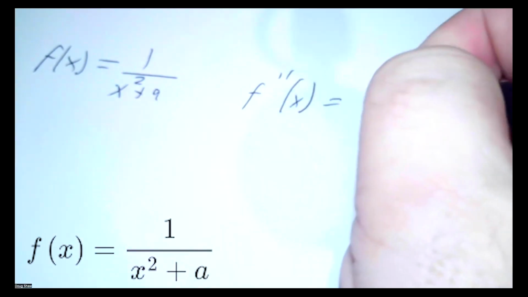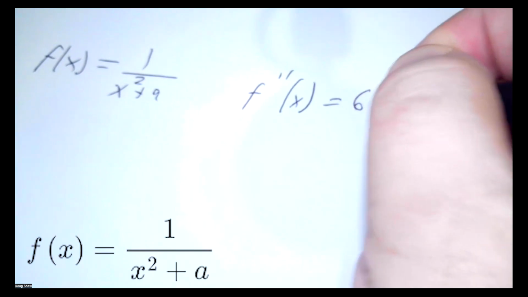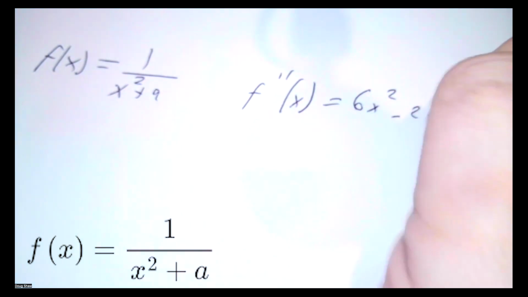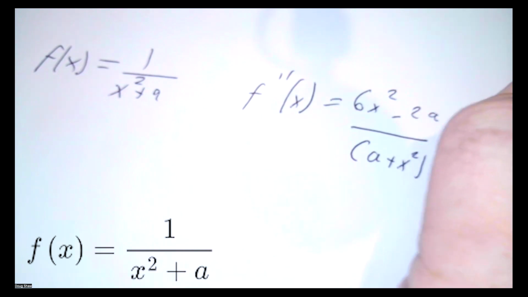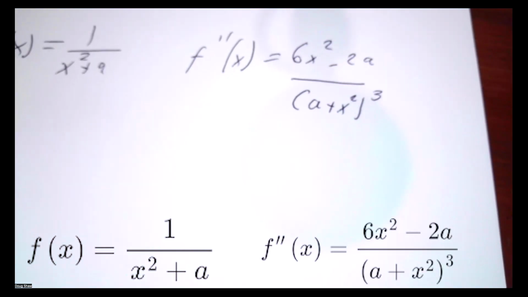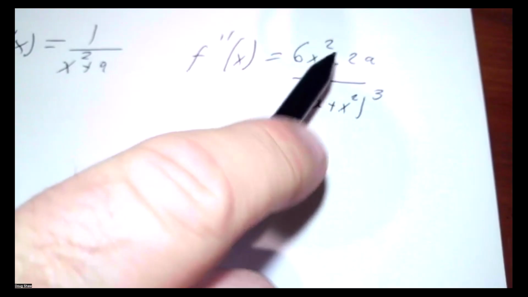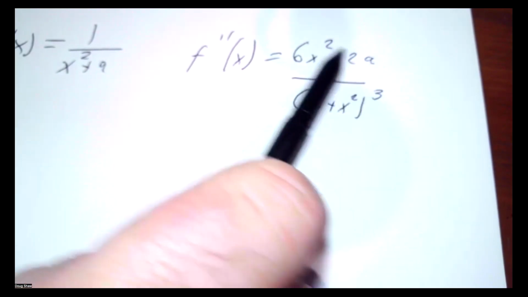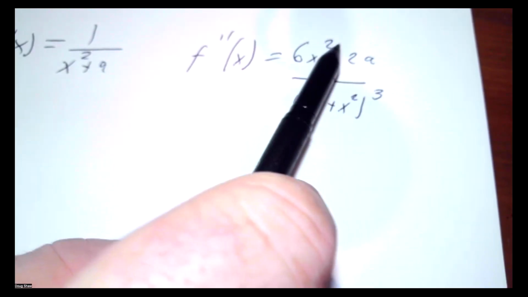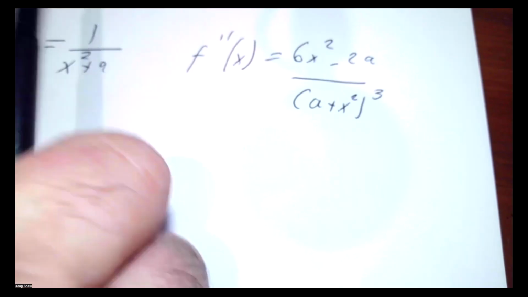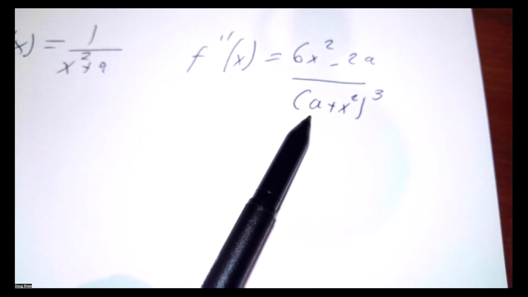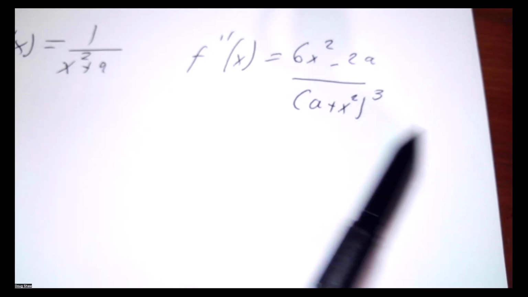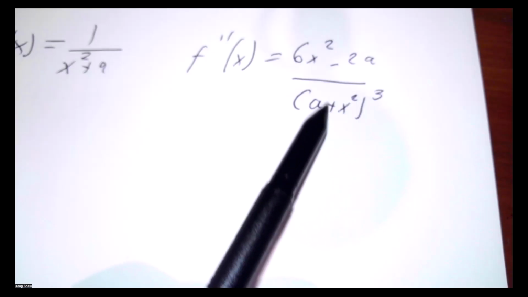F double prime of x is (6x squared minus 2a) over (a plus x squared) cubed. So what's the difference now? Well, if a is negative, this is going to be positive, so the top is not going to be 0. But the bottom can be.